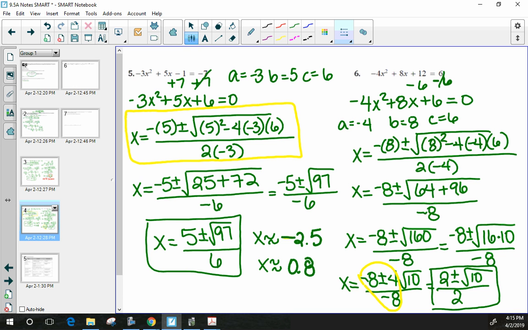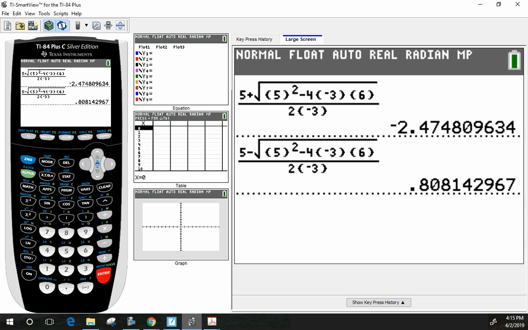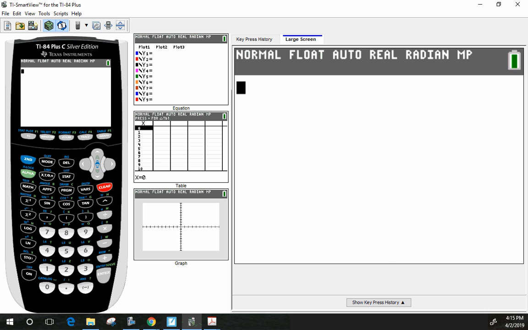Then, of course, you could grab your calculator and estimate those answers. So one answer is going to be 2 plus the square root of 10 over 2, and that's one solution there.